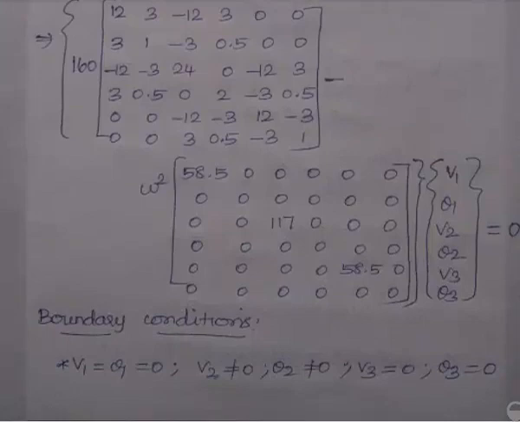Now considering the boundary conditions for the given problem. The first and end points of the beam are provided with fixed support, so there will be no vertical deflection or rotation. So V1 and theta 1 are equal to 0, as well as V3 and theta 3 equal to 0. At the second nodal point, no support is provided, so V2 is not equal to 0 and theta 2 is not equal to 0.